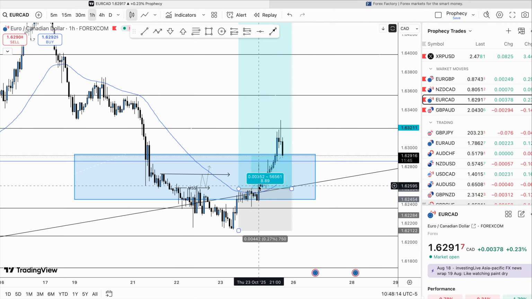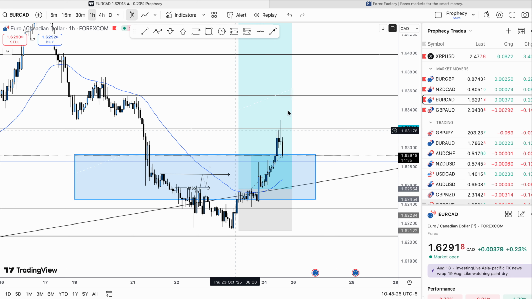Looks like about, what time was this? About 10 p.m. I was away from the charts, but I got put in the trade, and the stop loss was just below this swing low.